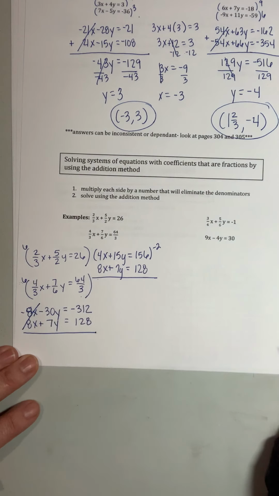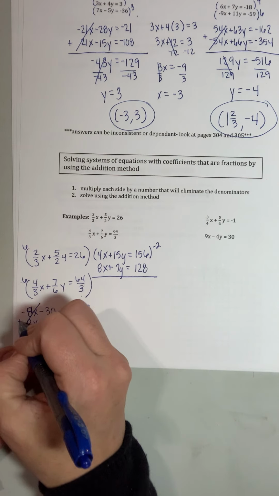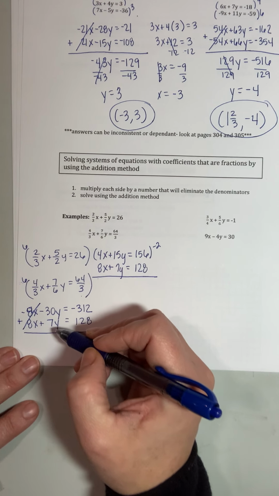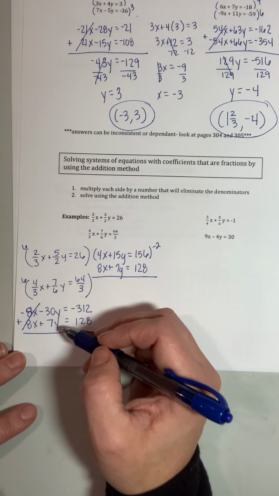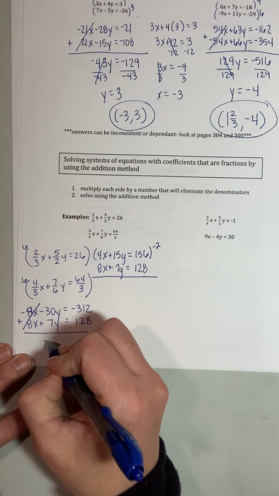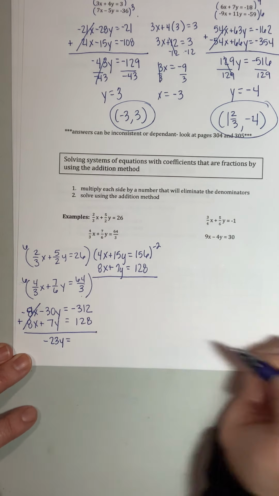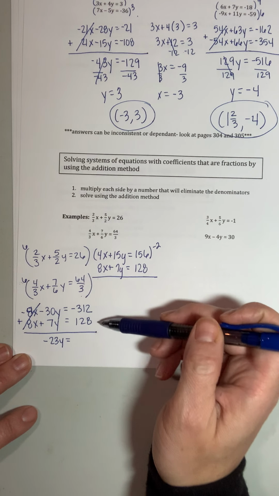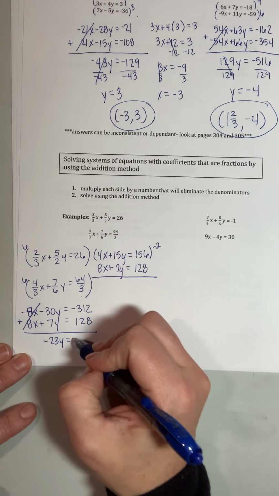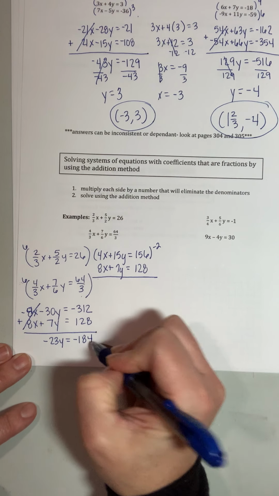Okay, those can be eliminated. -30 plus 7 is 1 of each, and when you have 1 of each, you subtract. You get -23. -312 plus 128 is 1 of each, which means subtract, and you get -184.